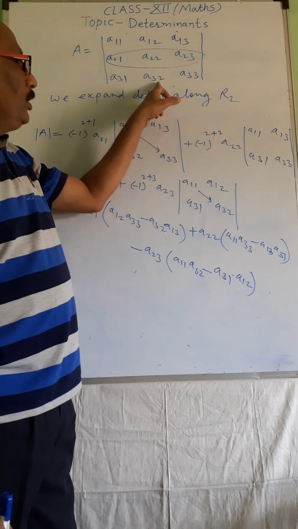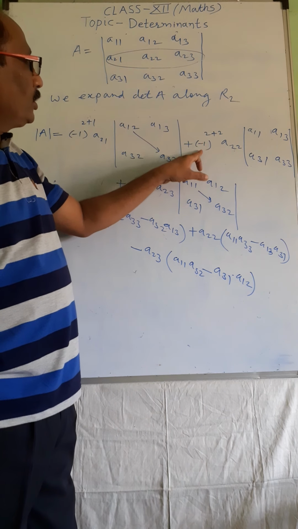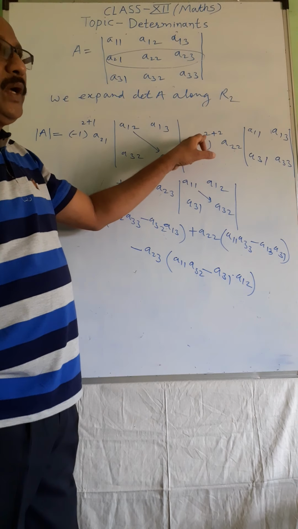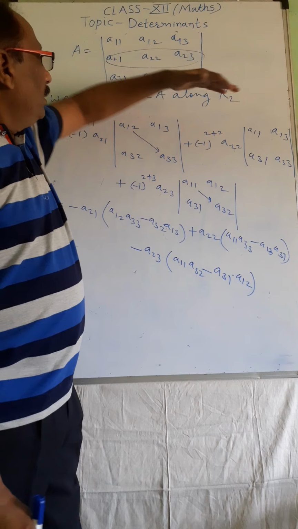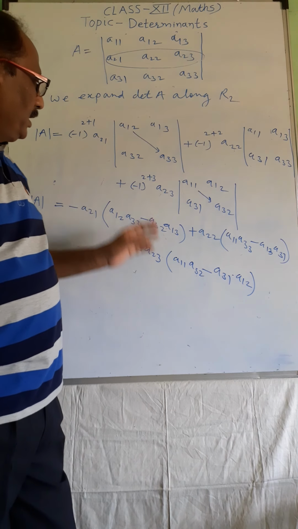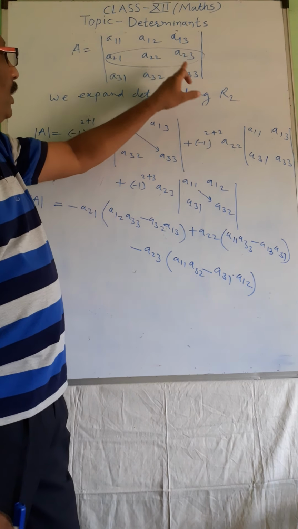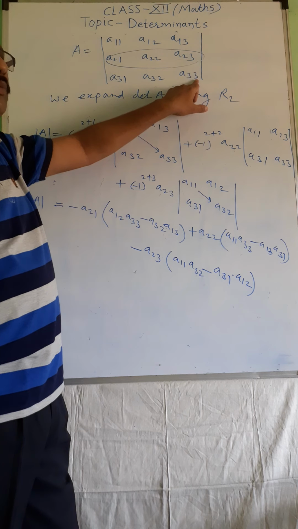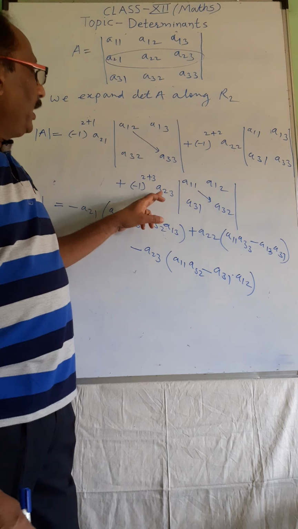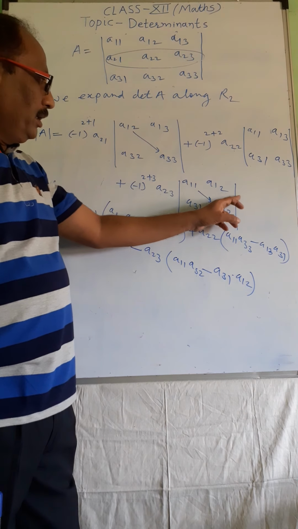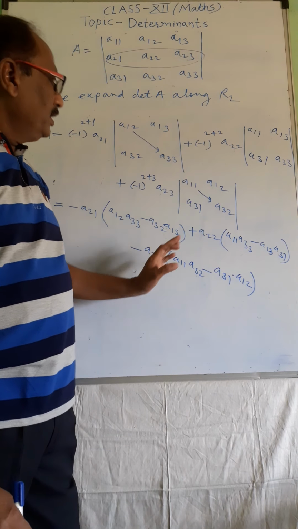Again A32 means minus 1 raised to power 3 plus 2, that is 5, means minus, and the determinant of the leftover elements. And plus minus 1 raised to power 3 plus 3 means 6, even number, so plus, and then A33, the determinant of leftover elements.